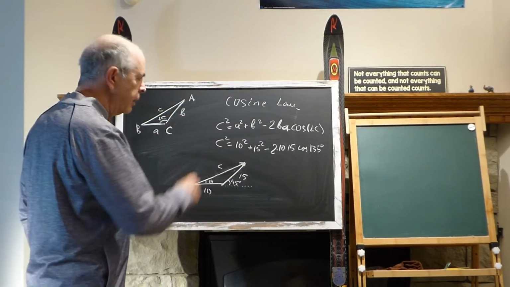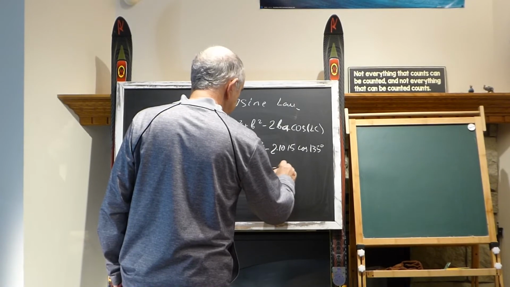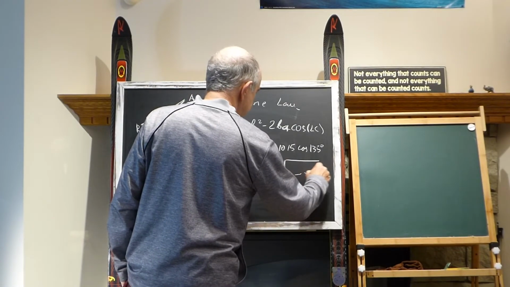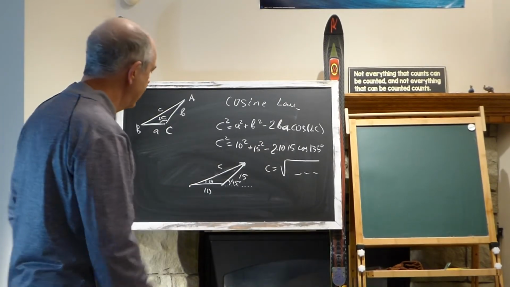So, you can plug those numbers into your calculator and receive what is c, the square root of this. And that's what you will do in this case.